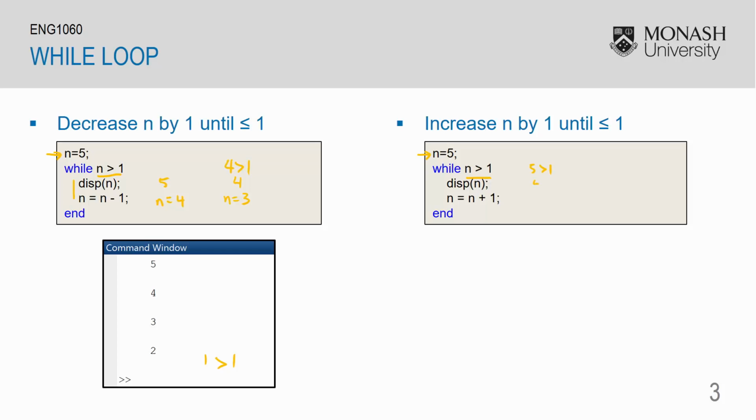Therefore, it will display n, which is 5, and will update n to be 6. In the next iteration, 6 is greater than 1. This is true. Therefore, it will run the commands, display 6, and n is equal to 7. So you can see that n is being increased every time, and our condition of n being greater than 1 will always be true.